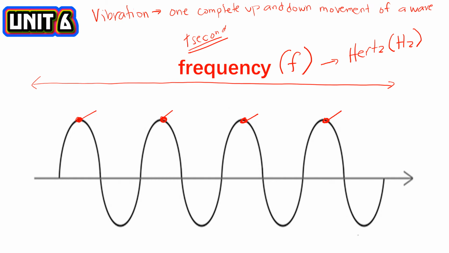You may remember your lesson about sounds in P5. So for this picture, the frequency is 4, and the unit is hertz, so we use 4 hertz. I hope you understand about frequency.